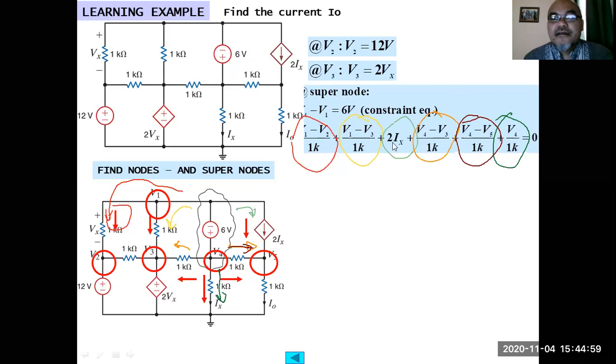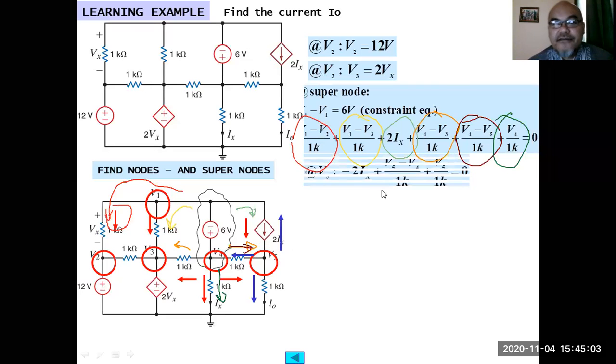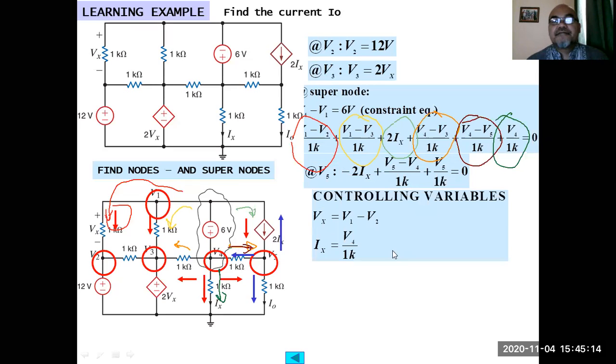Okay. So then we also write down the KCL at V5. KCL at V5 is negative 2Ix plus V5 minus V4, this current, divided by 1K, plus V5 minus 0 divided by 1K. The controlling variable is this part, Vx equals V1 minus V2, and Ix here equals V4 divided by 1K.